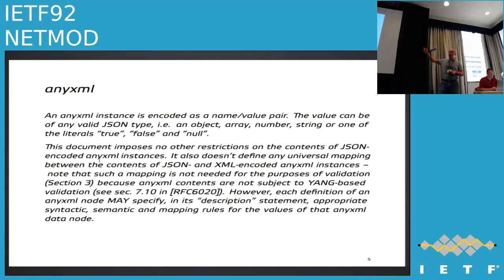It means that the value of an NXML node in JSON can be any JSON value provided it's properly encoded following the rules of JSON. But the second paragraph says that for a particular instance of NXML, of course, because the data that are being sent are supposed to be in some particular format, because that's what the server expects, then of course the server can reject data that do not conform to that, be it in XML or in JSON.